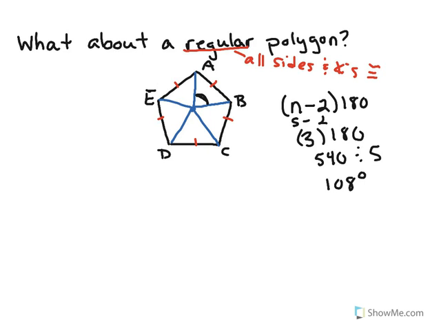Okay, and that's the measure of all these angles on the outside, right? So how then do I find the measure of this one on the inside? Well, if you look here, this whole thing creates one big circle. And I happen to know that there are 360 degrees within a circle. So let's divide that by 5 and see how big each of those angles are.